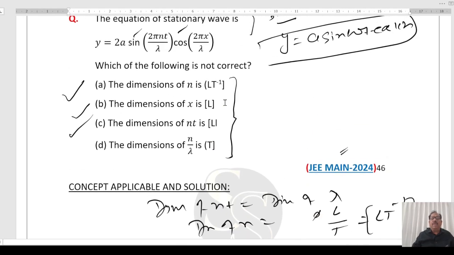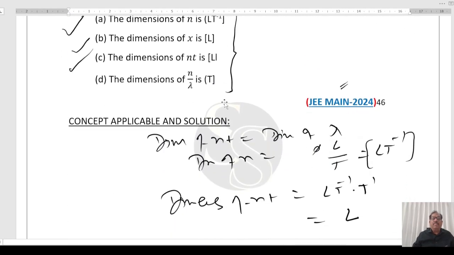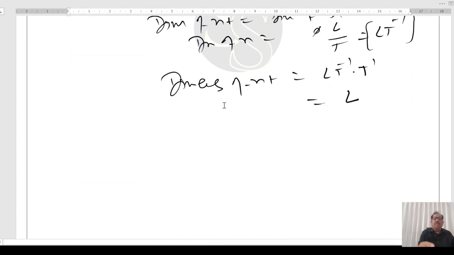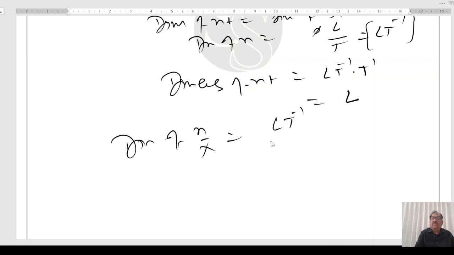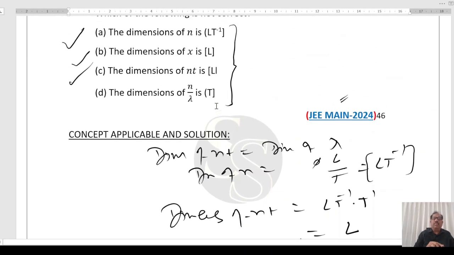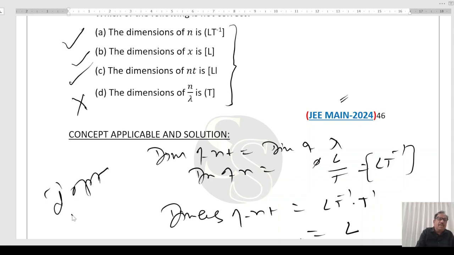Next, dimension of n by lambda. N is LT minus 1 upon lambda, that is T minus 1. T minus 1 is not given to you. It means this is wrong. This is not the correct answer. So D option is the correct option.